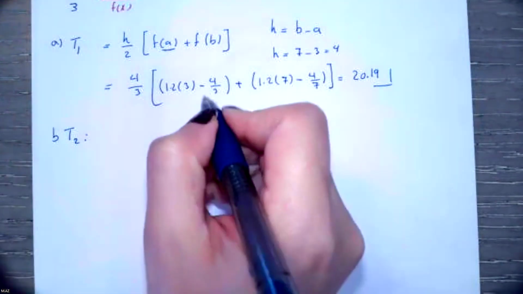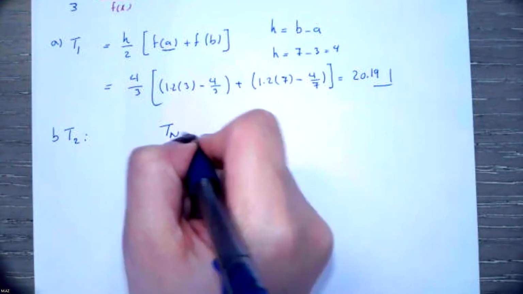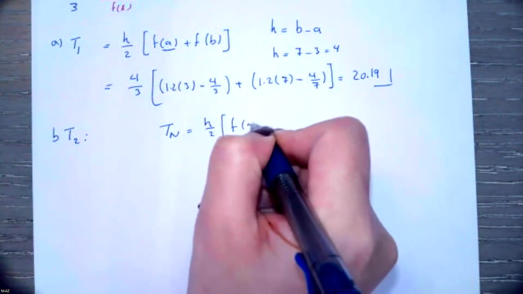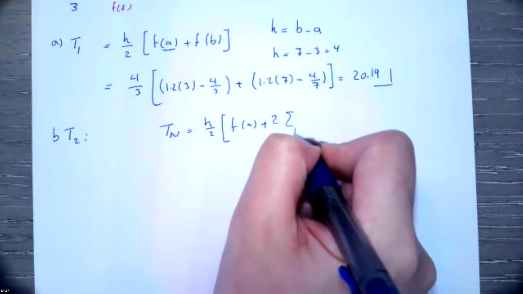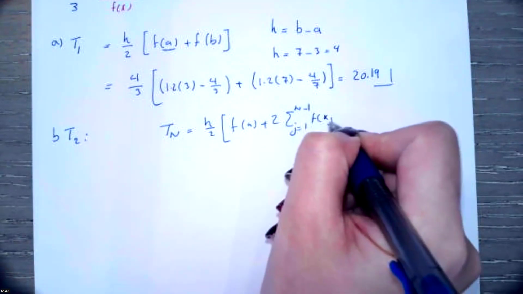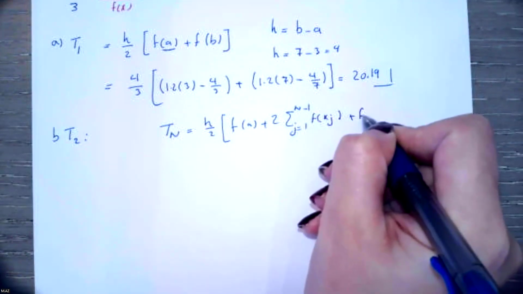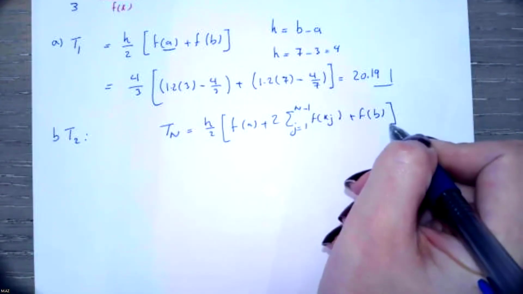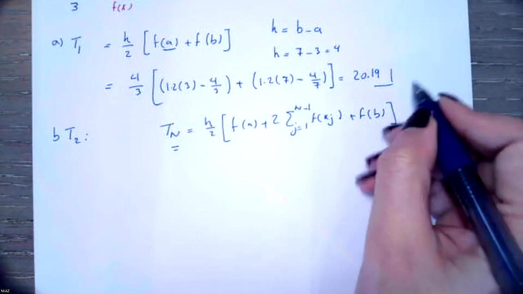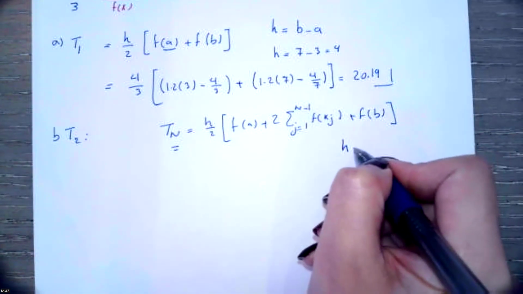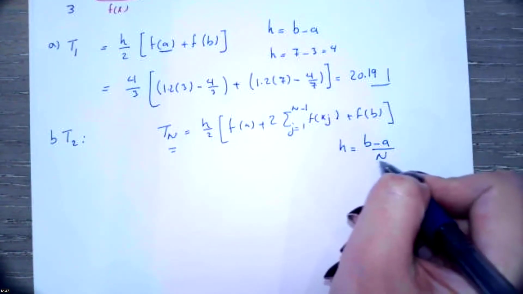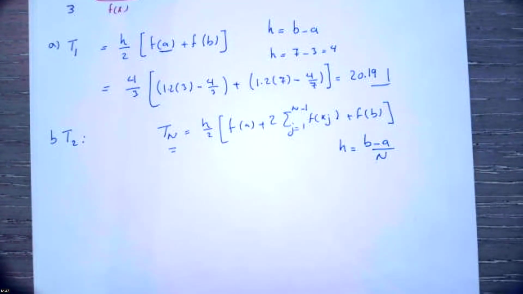First, I write the general equation for compound trapezoidal rules. For the compound trapezoidal rule, the h is found based on b minus a over n. n shows the number of the panels.